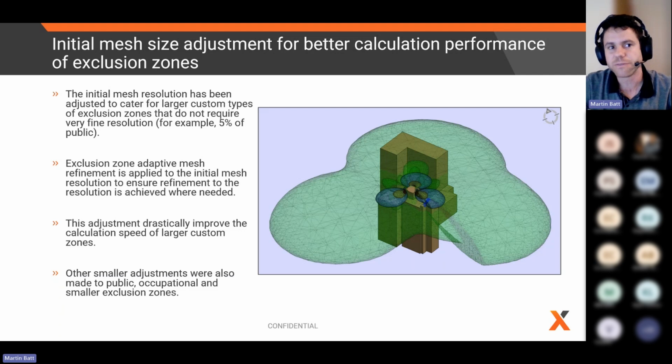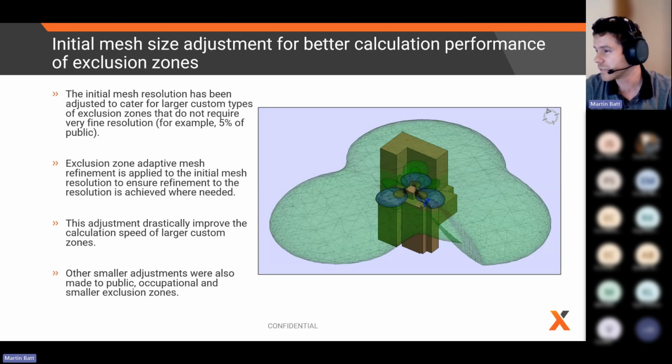It still gets refined where necessary, but due to that enhancement, exclusion zones like this will be much faster to calculate. We have made some adjustments to, for example, the public exclusion zones as well, and actually 10x occupation will make it more fine, but in general you should see better performance in terms of calculation speed.